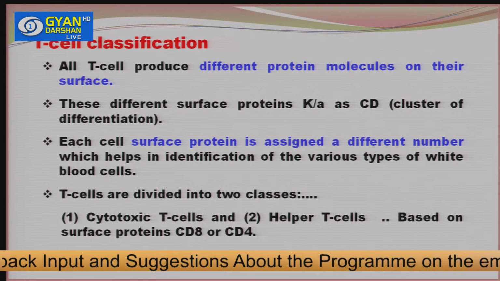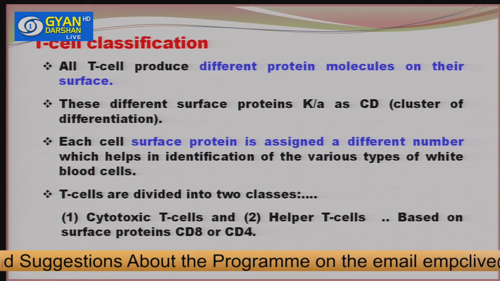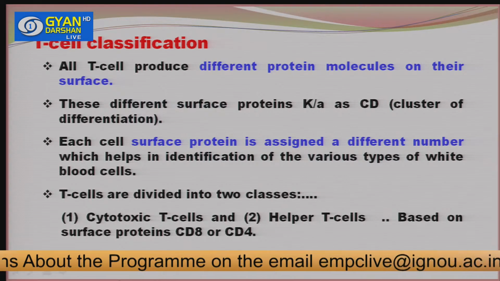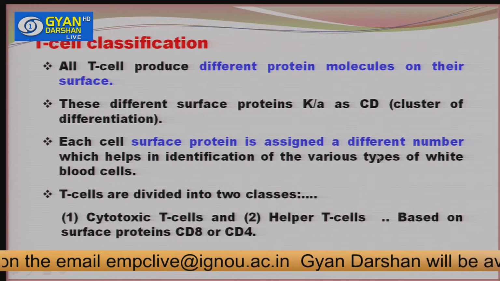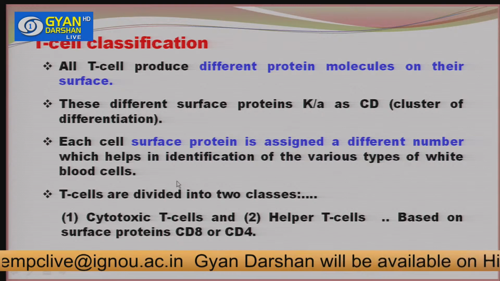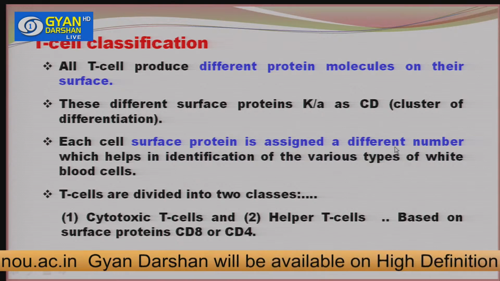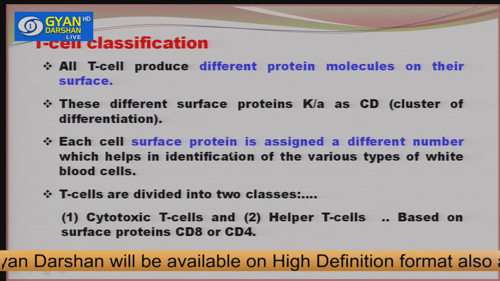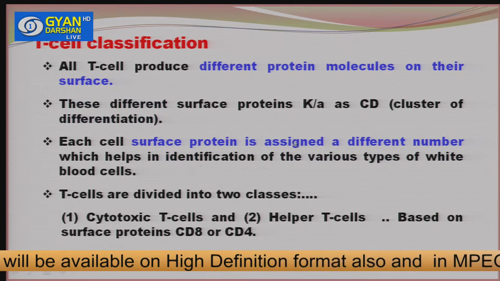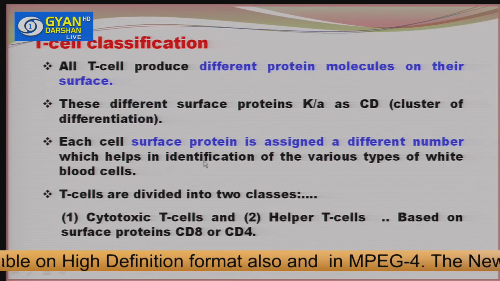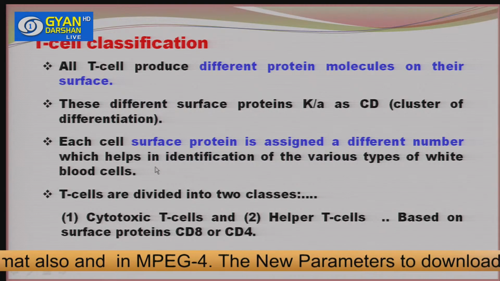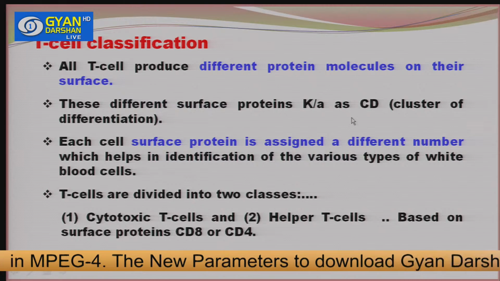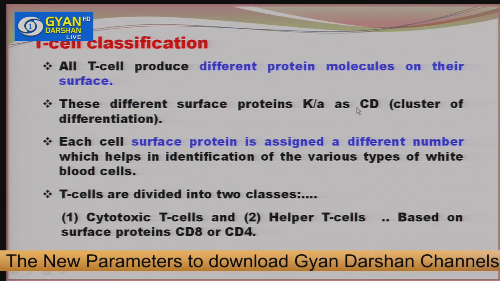Each cell surface protein is assigned a different number, which helps in the identification of various types of white blood cells. It means the T cells or white blood cells have different markers, so we can identify them on the basis of the markers present in the form of CD.